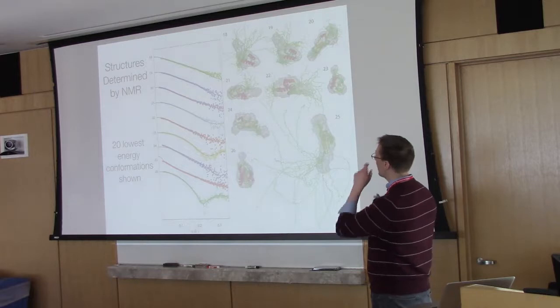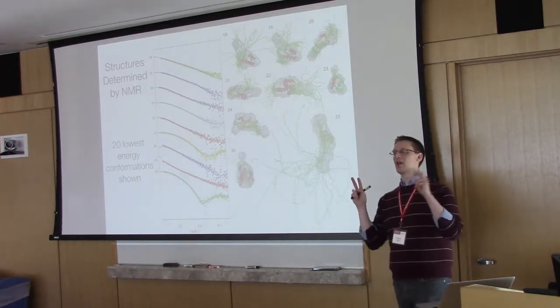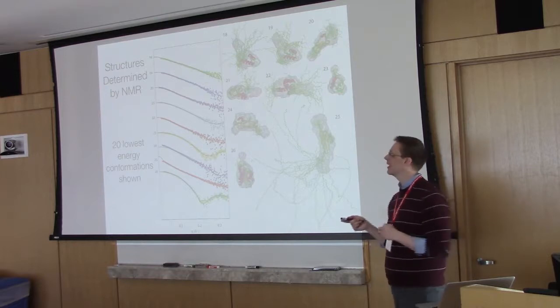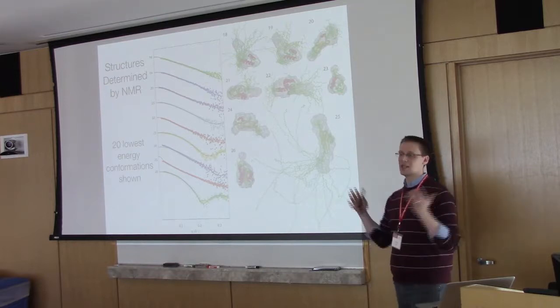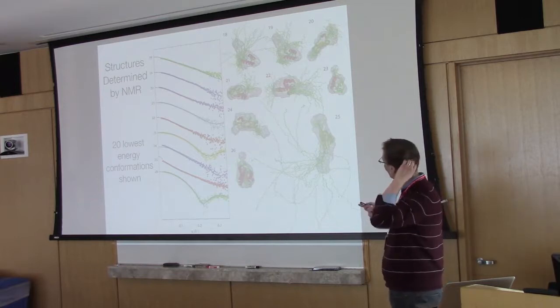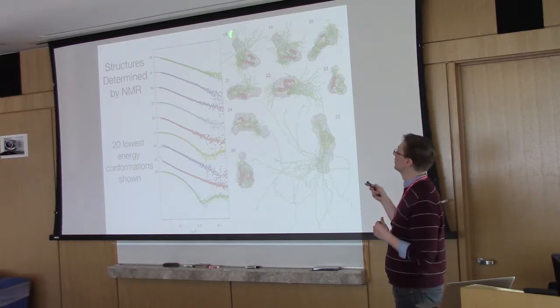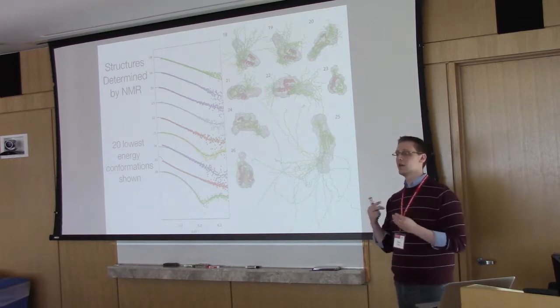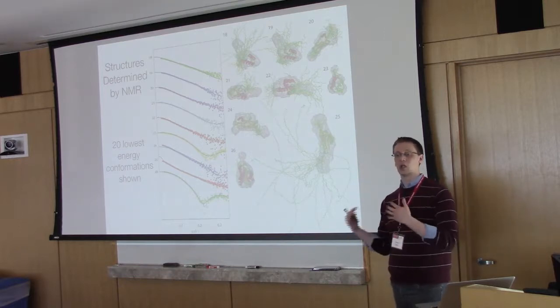What happens is you end up with some low-energy reconstructions. Typically the way NMR data are displayed is that you show, say, the 20 lowest energy reconstructions. And you can see for NMR, a lot of times for these larger distances, it gets kind of crazy, and there are very few restraints for these long-range distances.